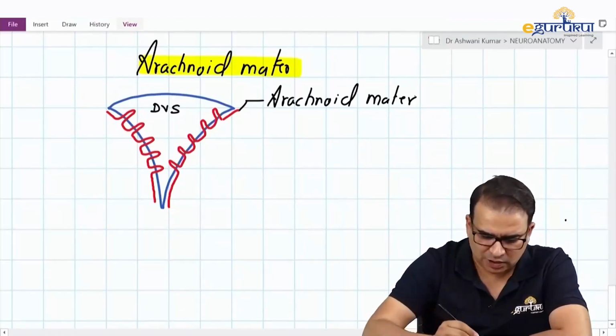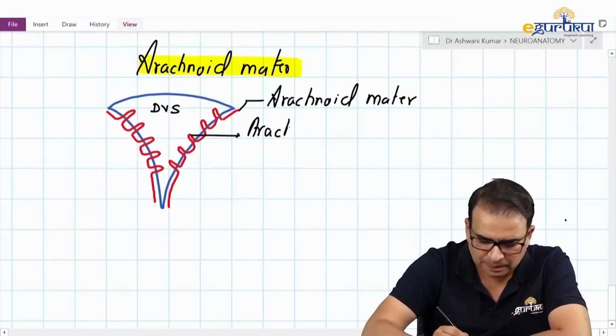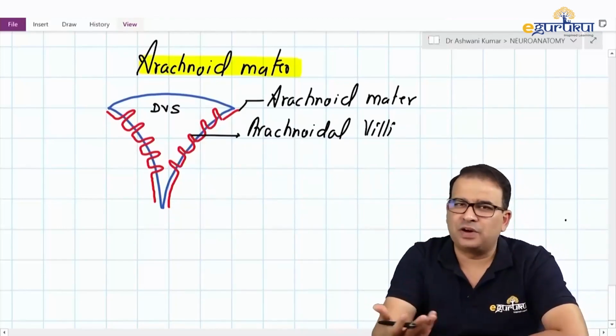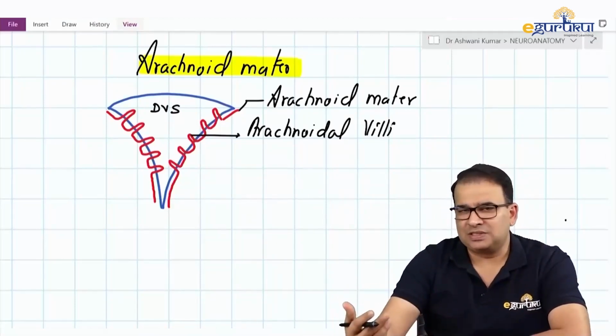These extensions are called arachnoidal villi. Of course, these are finger-like projections, so we call them arachnoidal villi. Now, generally we say, what is the function of arachnoidal villi? We simply say they are for the absorption of the CSF.